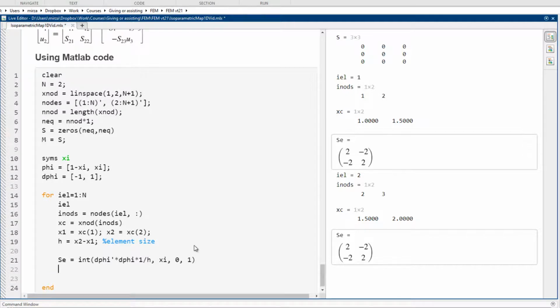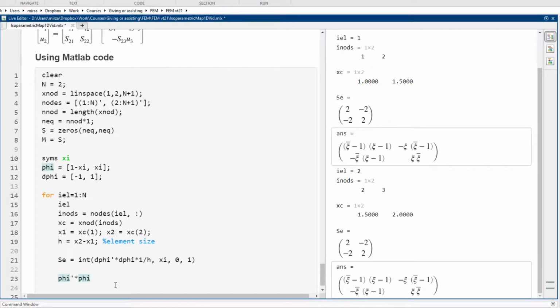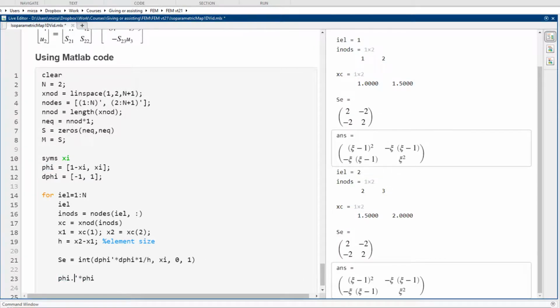All right. How about ME? Well, ME is going to be phi transposed multiplied by phi. And now you can see here that, alright, let's just do this transpose business this way so we don't get this conjugate thing. So we have this quadratic thing, okay?